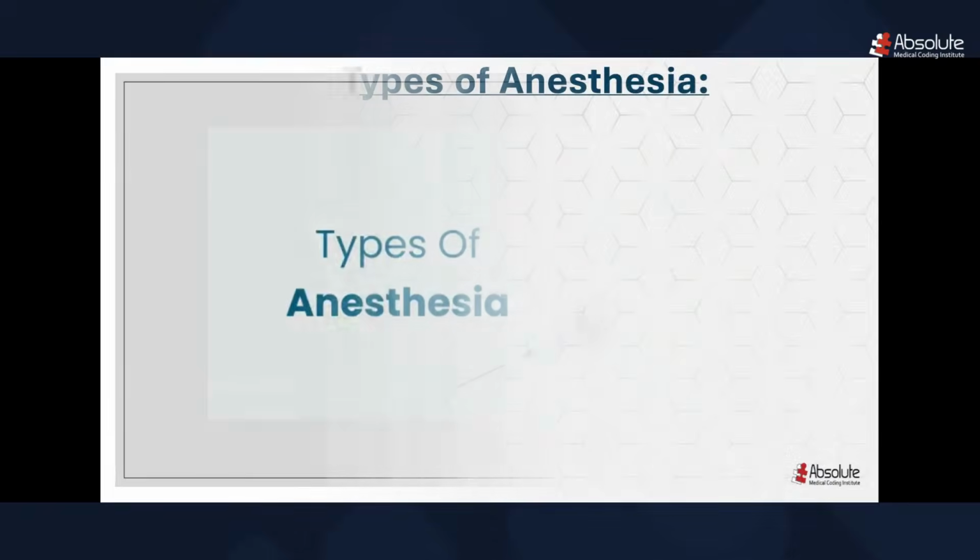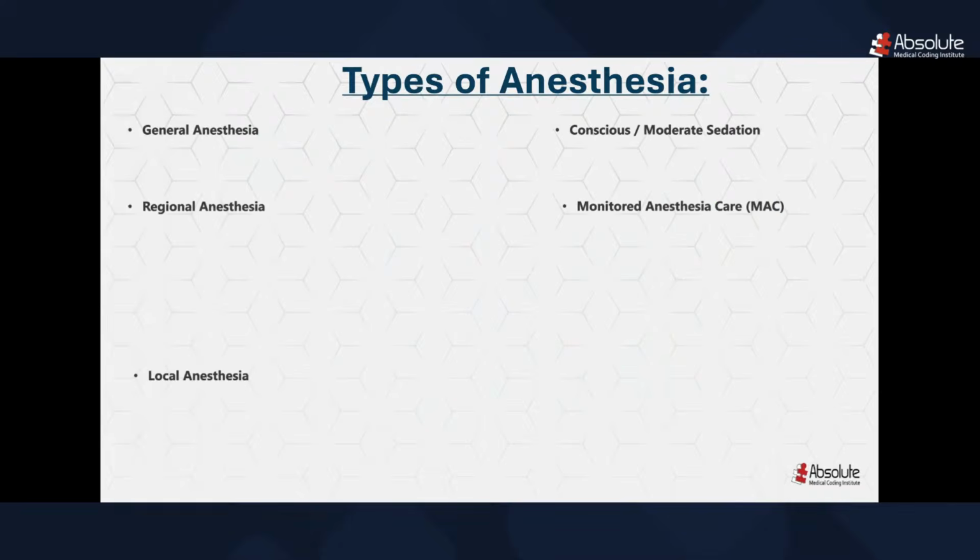Okay, now let's go through the different types of anesthesia because understanding these helps to choose the correct CPT code. First, let's begin with general anesthesia. Most of you have heard about general anesthesia. This is the deepest level of anesthesia where the patient is completely unconscious, does not feel pain, and is unaware of the procedure.